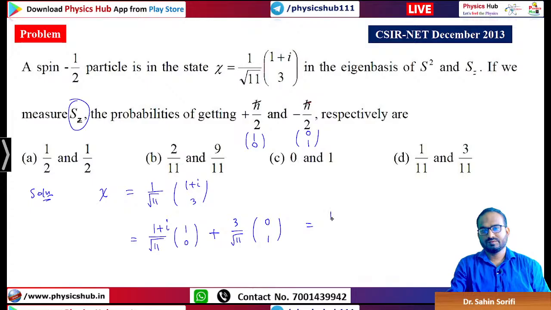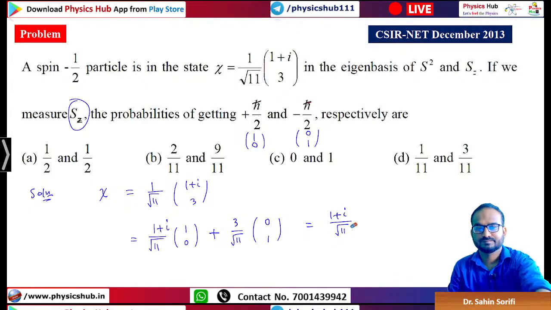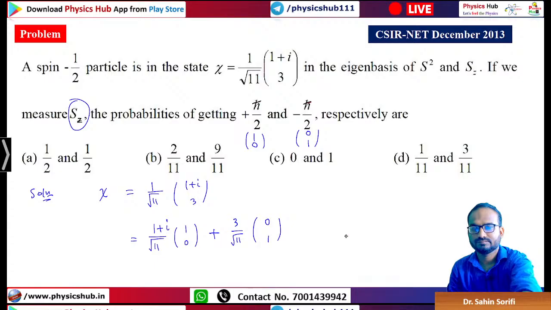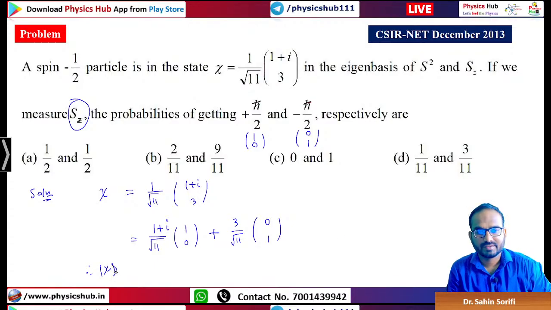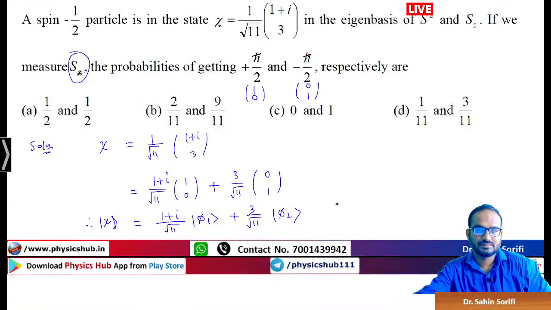So it is now in this form, (1 plus i) by root 11, and on measuring you get chi as (1 plus i) by root 11 for the first state and 3 by root 11 for the second, isn't it?